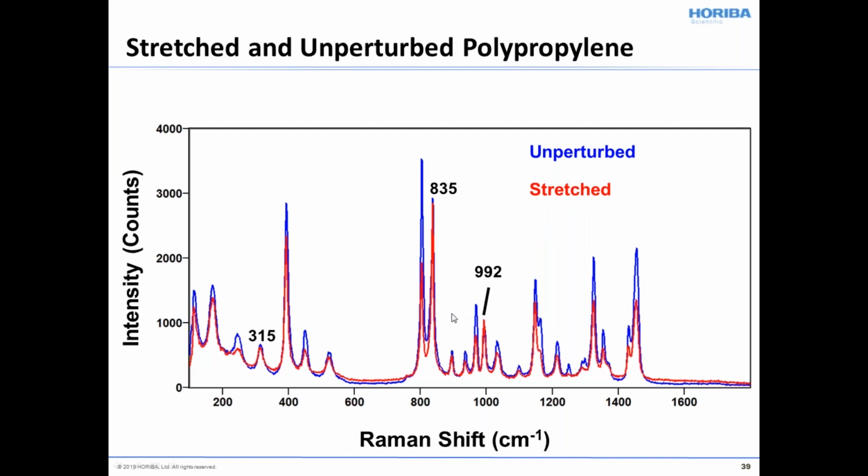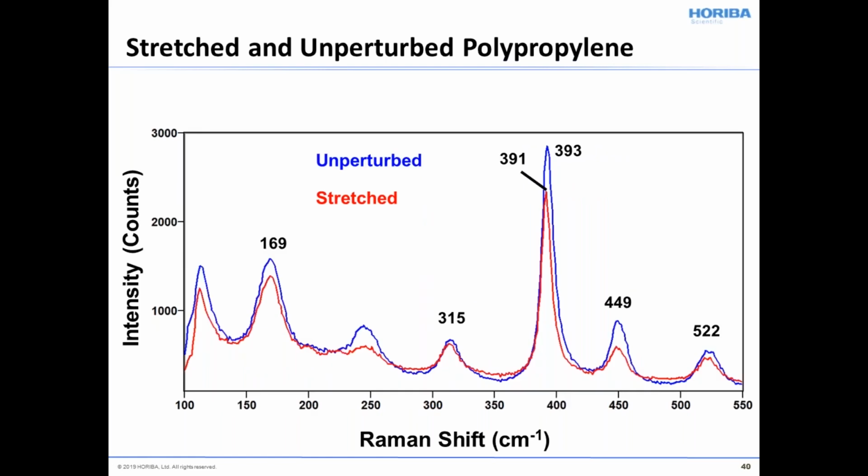You see in the spectra overlaid, big changes in relative intensities. And as we'll see in a little bit, some changes in peak position. Now I've labeled the bands at 315, 835, and 992 because they're the bands that show very little change in intensity from unperturbed to the stretch. So you see most of the other bands are affected as a result of the stretching.